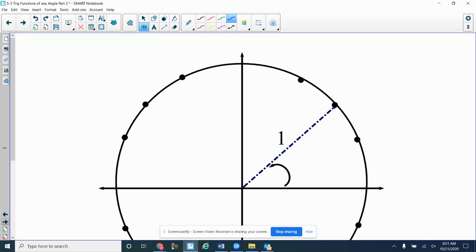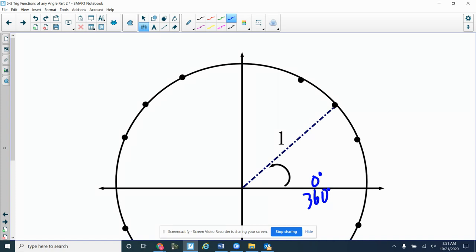Let's start with the angle that is here. What angle is that in degrees? Right here. A little louder. 45. No, I'm talking about this angle right here. 0. So that angle right there is 0 degrees. If we go all the way around, that's how many degrees? 360.